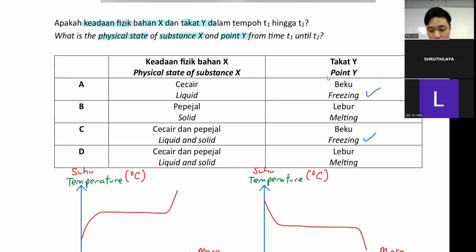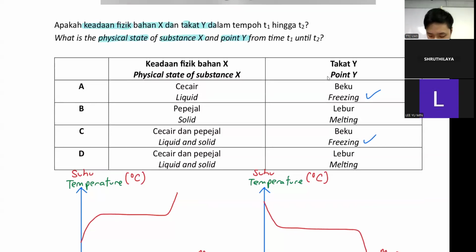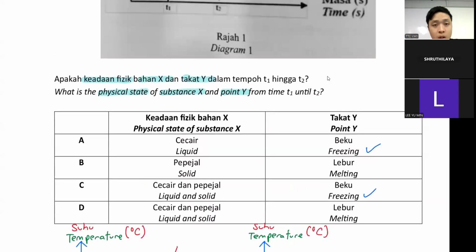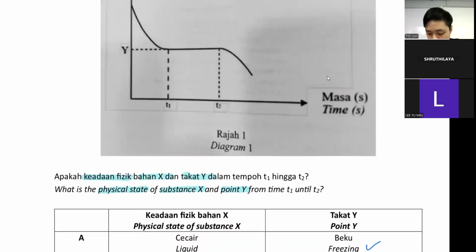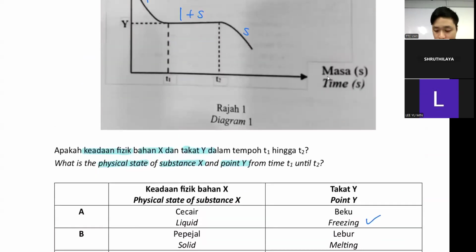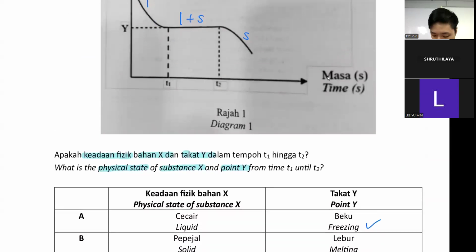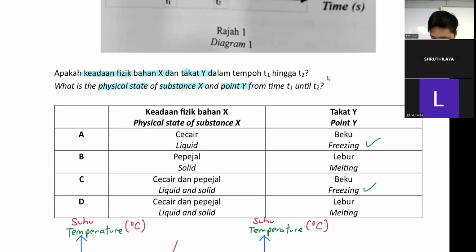Freezing. And then whether which state. At the beginning, this part is liquid. From t1 onwards, liquid is on the way to become solid. So after t2 is solid. They're asking for between t1 and t2, so it's a mixture of liquid and solid.